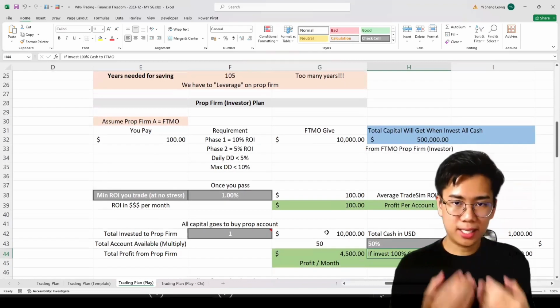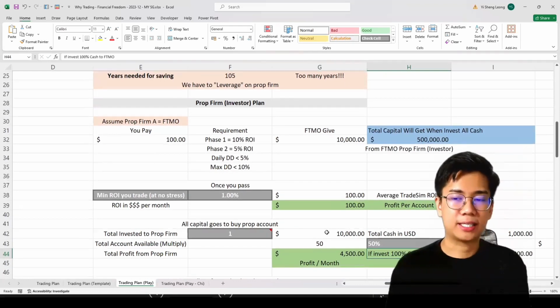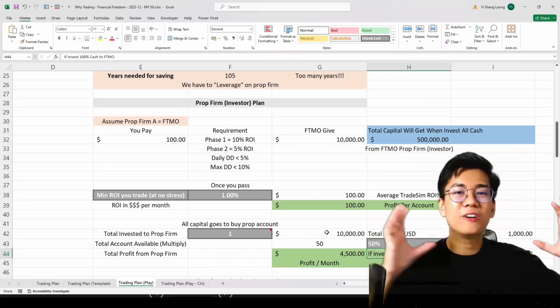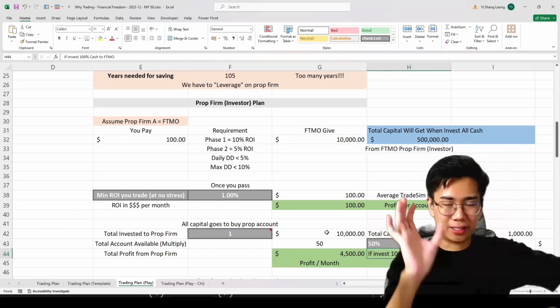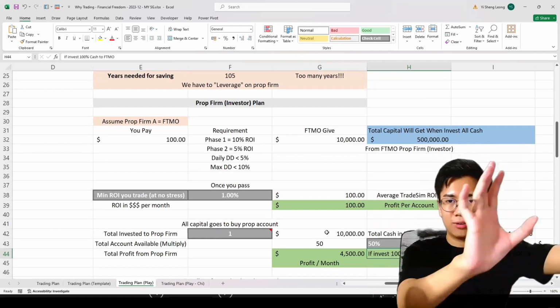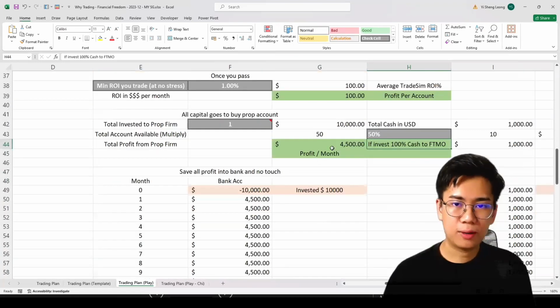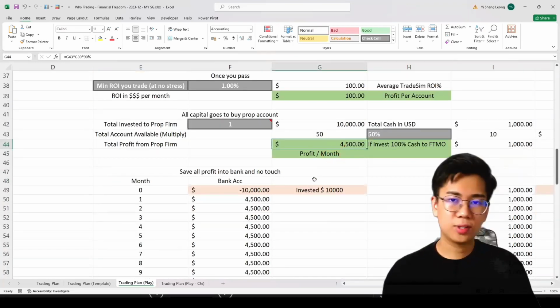Meaning you go in, and that 50% of the account you fail. Instead of 100 of the account, 50 of the account all gone, all go to water. Left 50. And one year later, one month about 4,500, still good enough for you to retire.